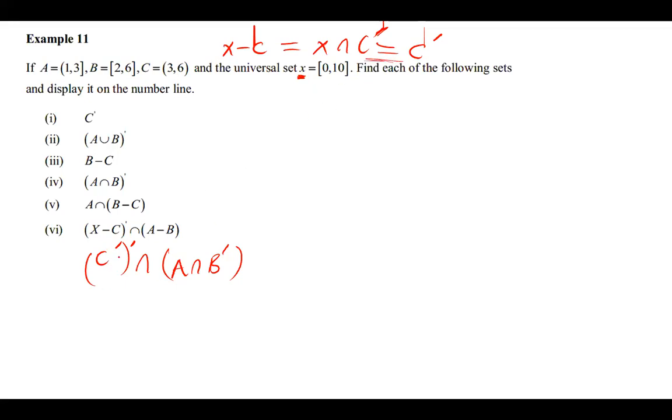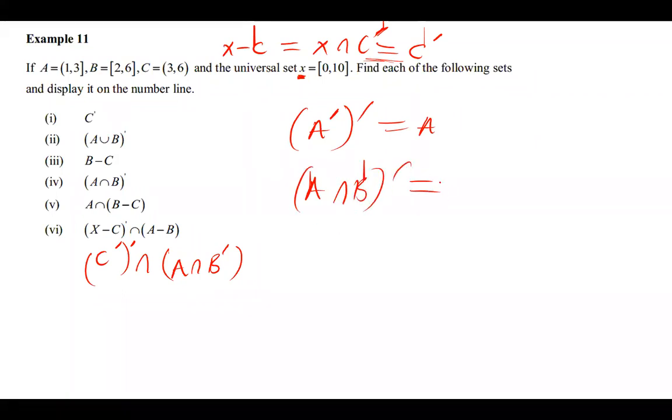When you have a complement and you apply another complement, the answer will just be that letter. If you have A intersection B and then everything there complemented outside, this is De Morgan's rule, it's just A complement union B complement.